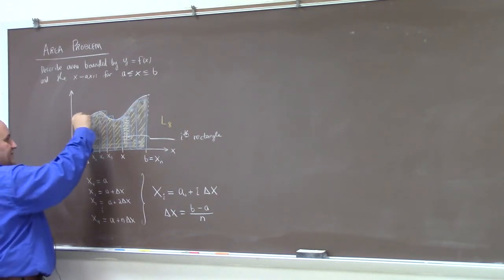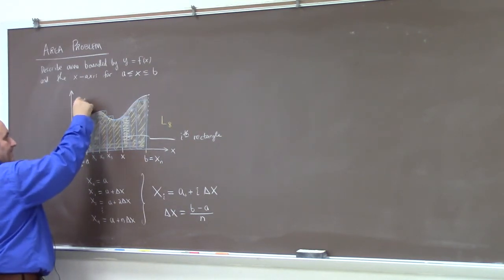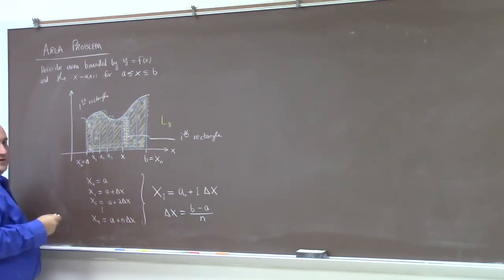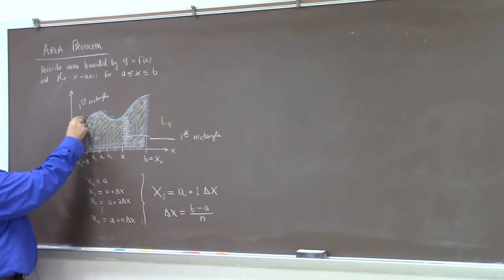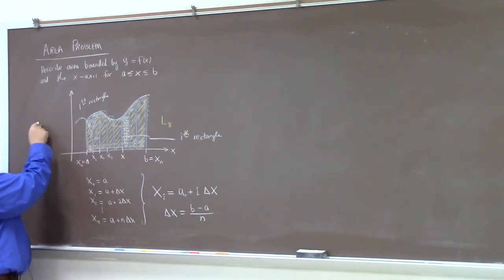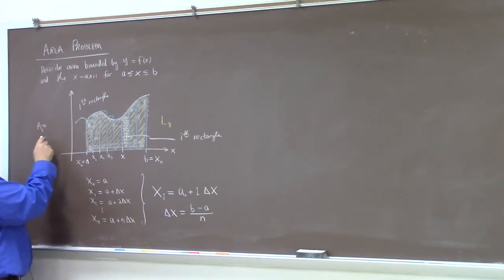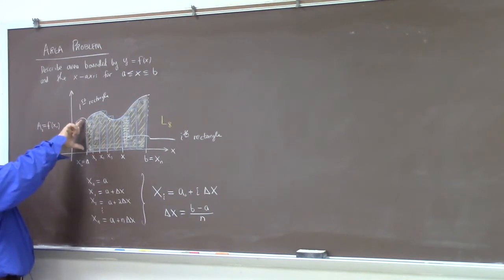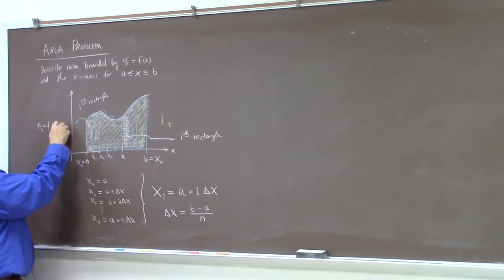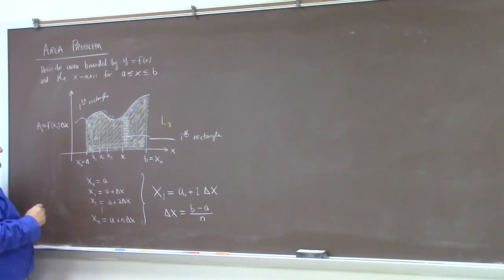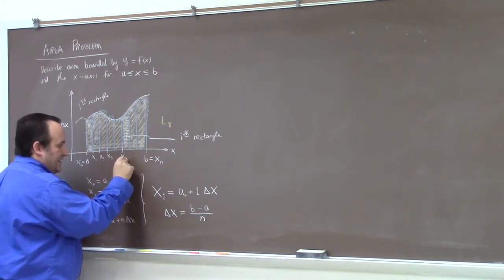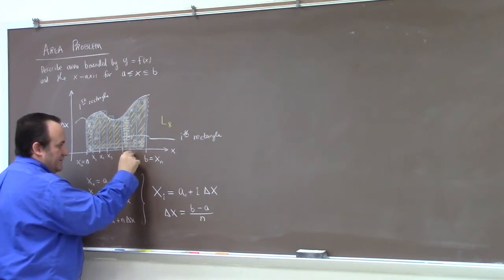Here's the first rectangle. What's the area of this one? Of the first one, the height is f of x naught, and that times delta x is the area. So the ith rectangle goes from x sub i minus 1 to x sub i.